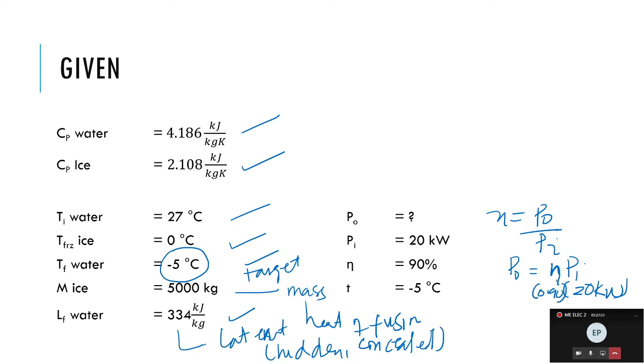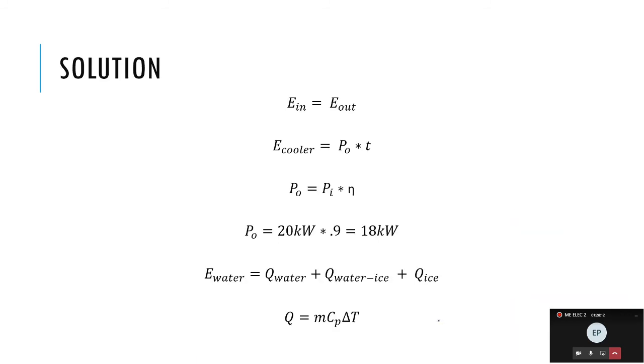If we're going to put that in calculation, we should convert that into decimal point, which is 0.9. Now, the last one is -5, which is the target temperature for the ice. Kasi, di ba, 0 is the freezing, then below, naging -5. It becomes -5, okay? So now we go to the solution.